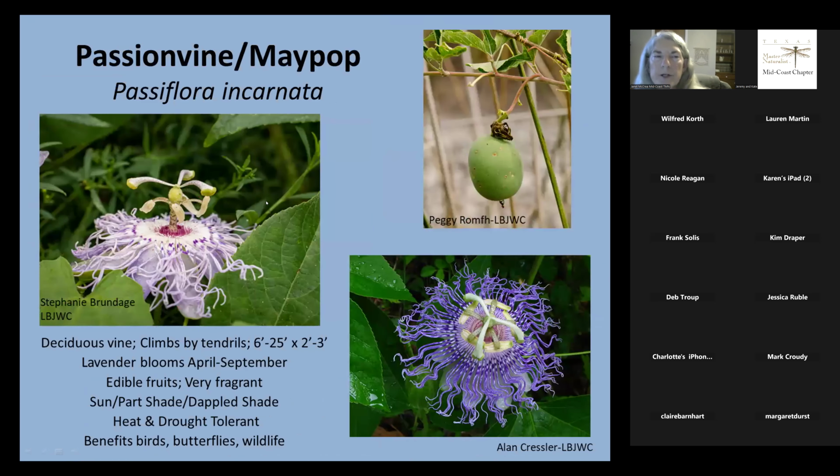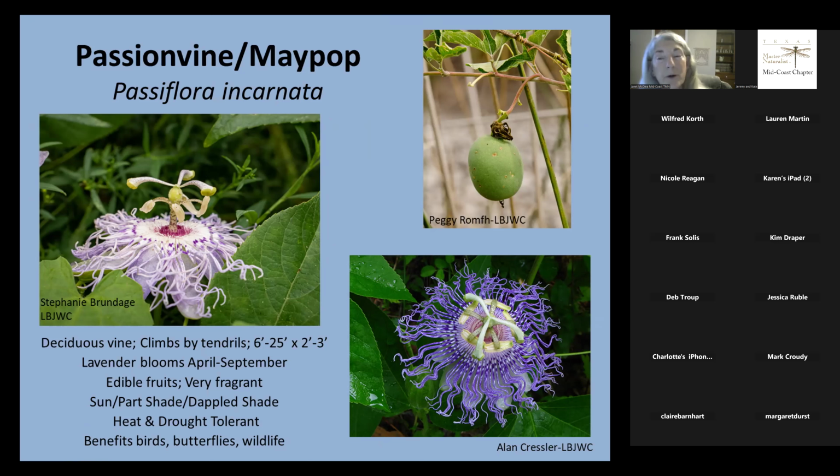This is the passion vine. It's a deciduous vine, not an evergreen. And so it will freeze down in the winter, and you cut it back, and then it comes back up from the roots. The native passion vine has 3-lobed leaves. So if you're looking in the nursery for a plant and it has 5-lobed leaves, it's not the native variety.